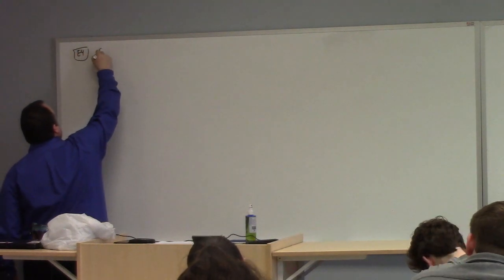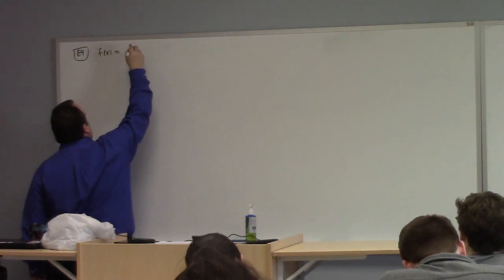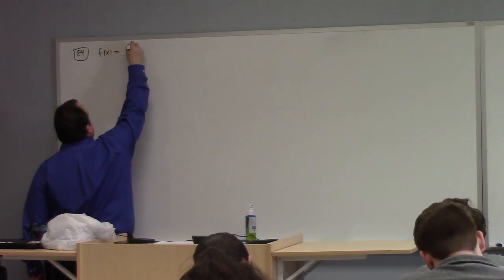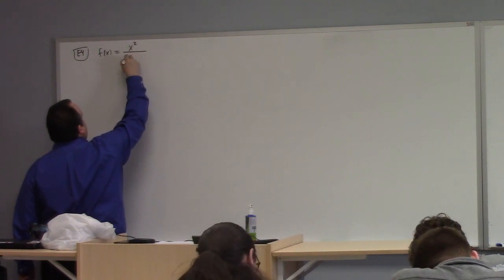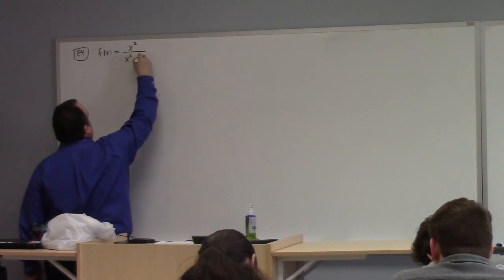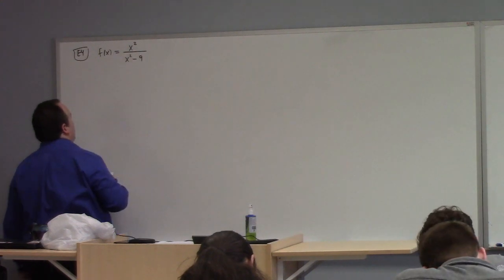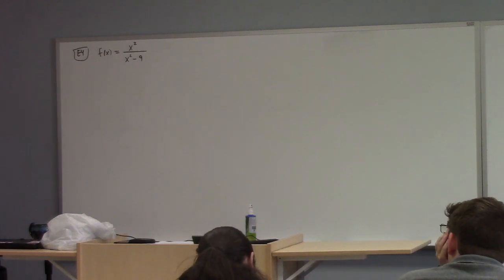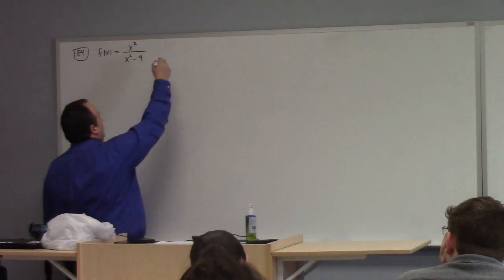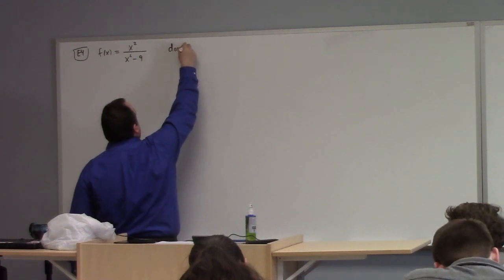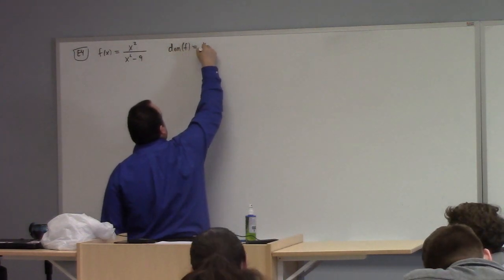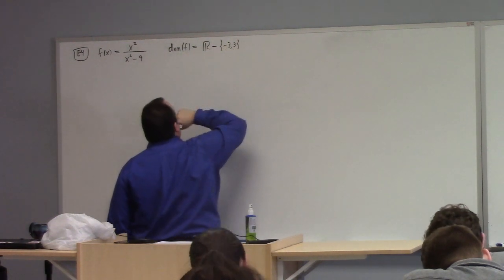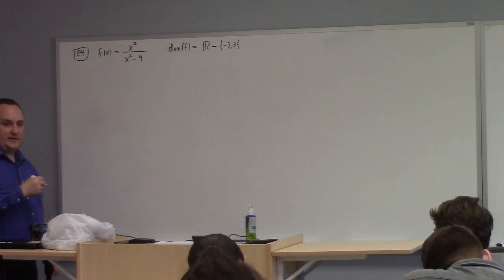Maybe we're up against something like f of x equals x squared divided by x squared minus 9, just to keep things relatively simple. So what's the domain of this function? Very good. We've got trouble at minus 3 and 3.